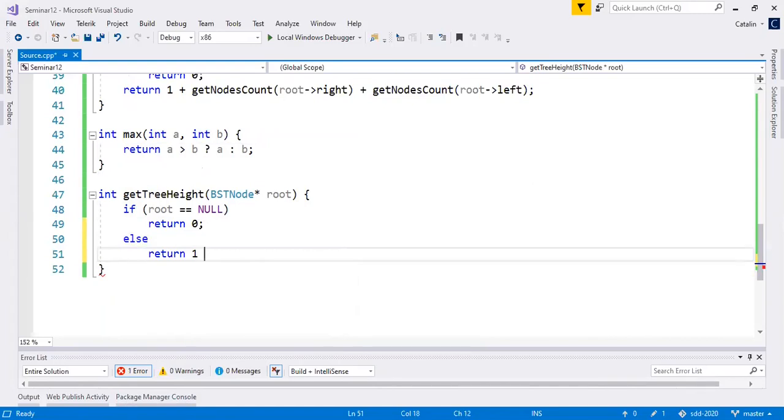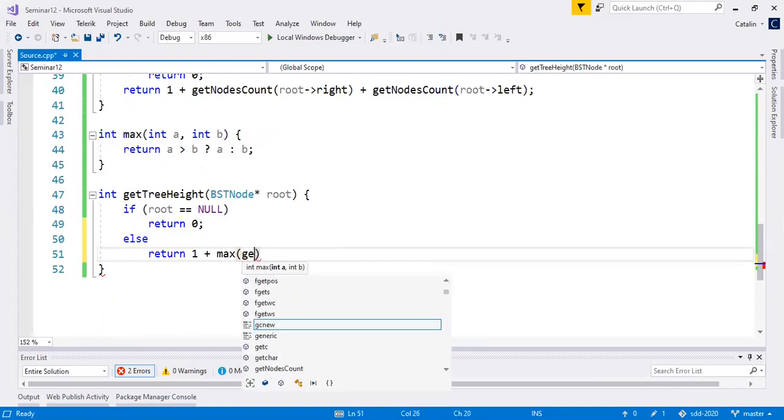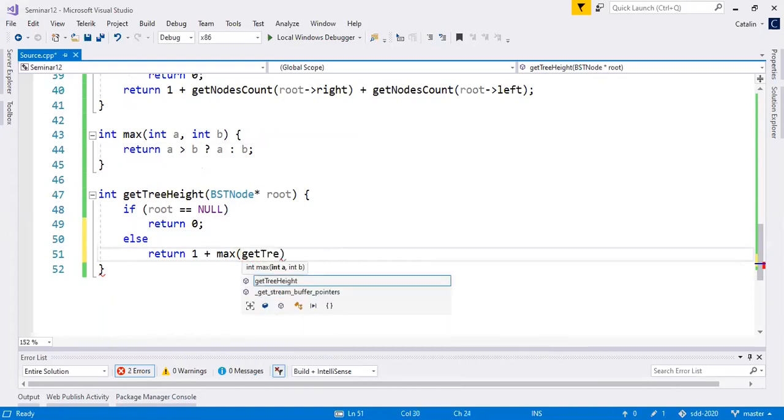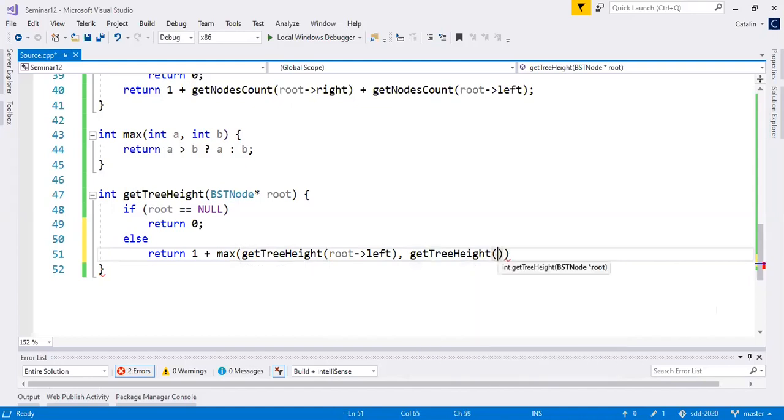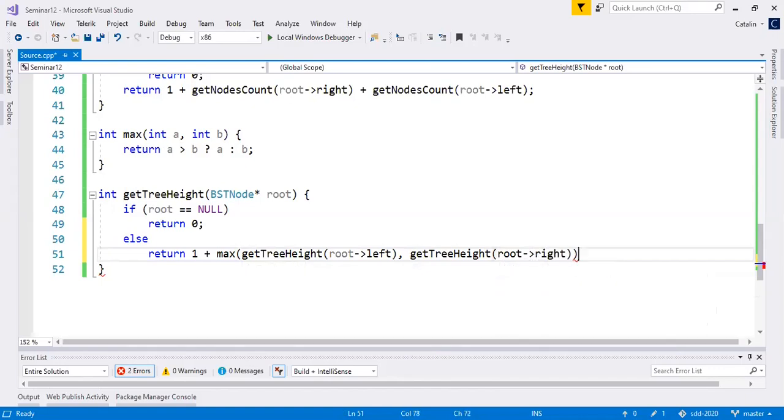I'm on a level, so I know that, plus the maximum between what I get from getTreeHeight on my left side, root left, and the value on the other side, getTreeHeight, root right. Okay, that's why I said earlier it's similar, but it's not the same.